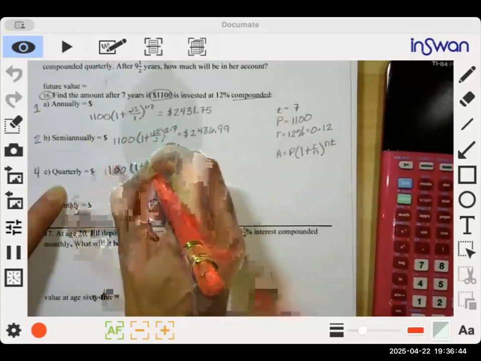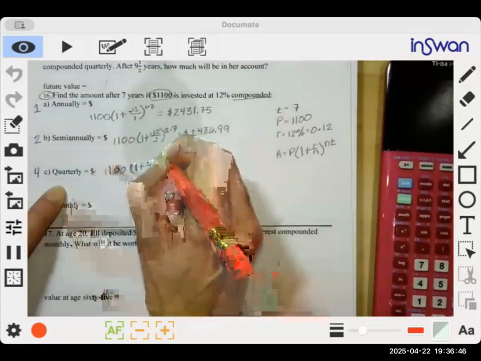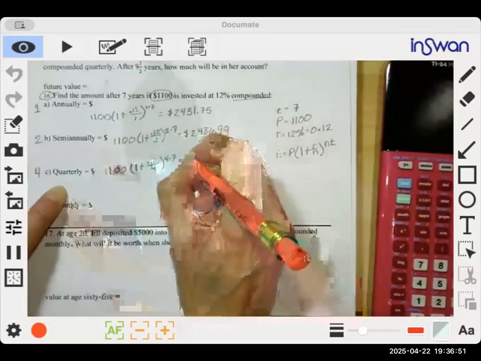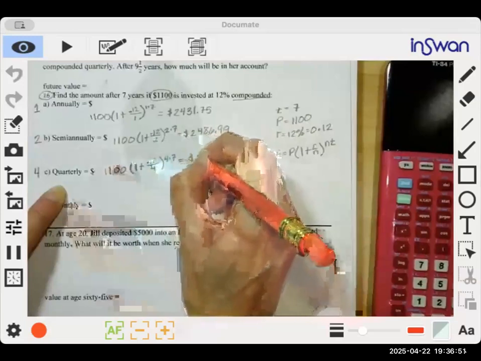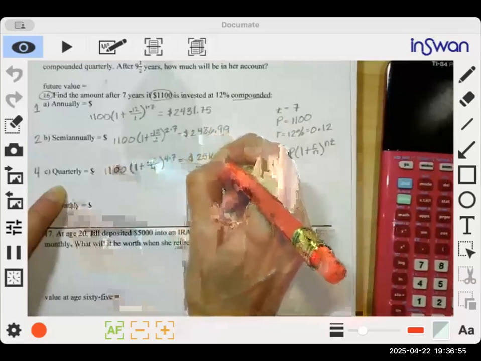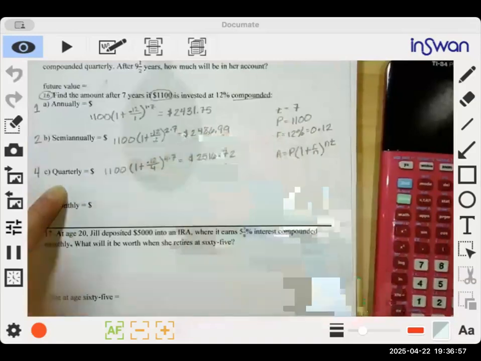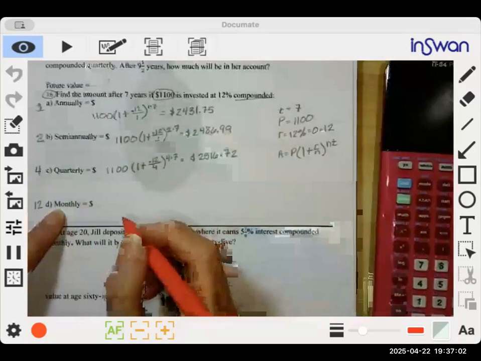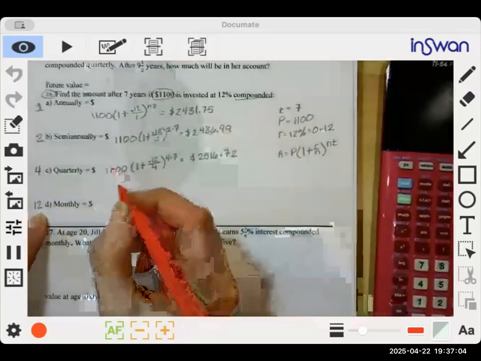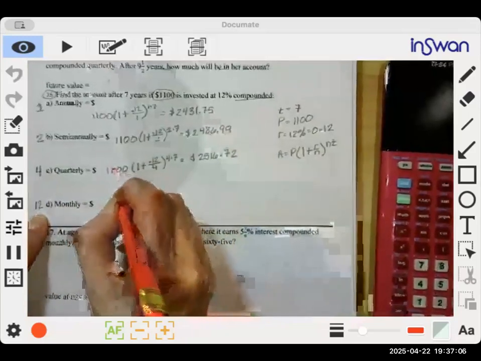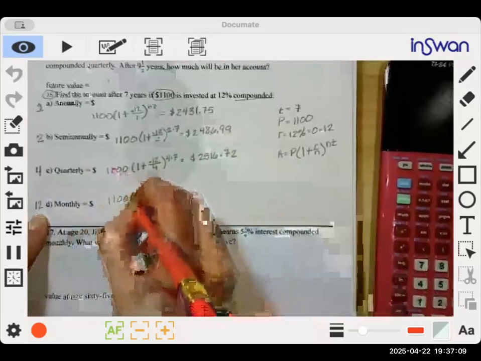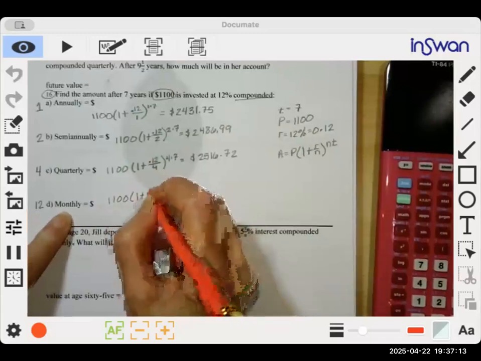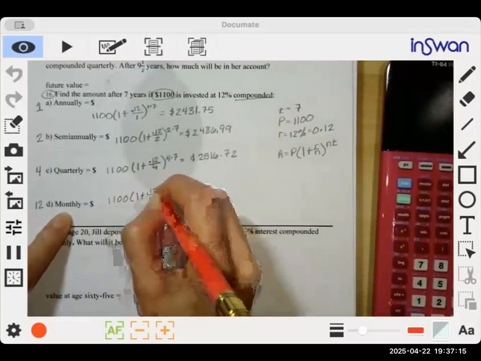So this time quarterly is 4, and 4 times 7. And then monthly. So this time it's being compounded monthly, so that's 12 times in the year.